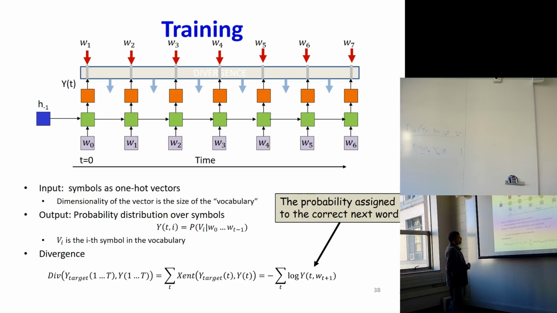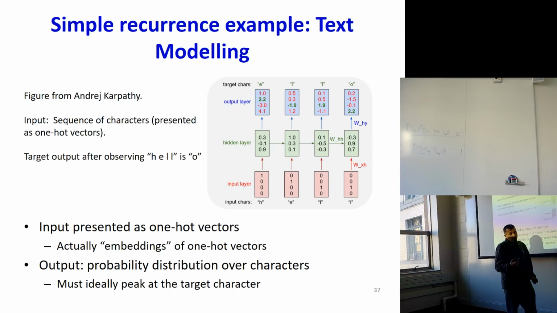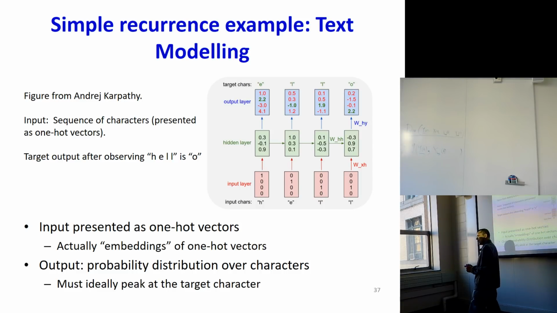Going back to the output, if I'm trying to look at a sequence of symbols and predict the next symbol, what I'm really going to be predicting is a probability distribution over all the symbols, right? So once again, if my symbol set has V entries in it, it's going to be a V-component distribution.